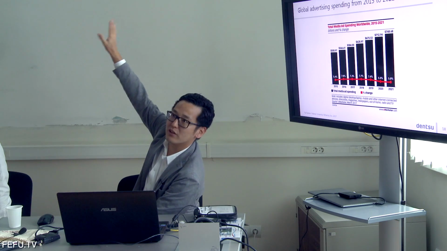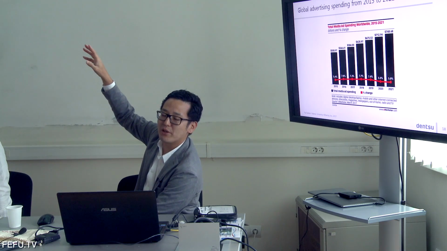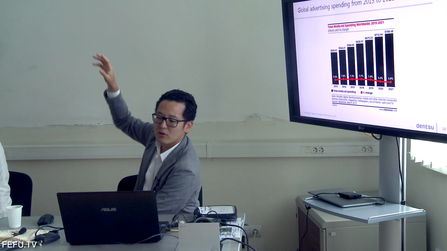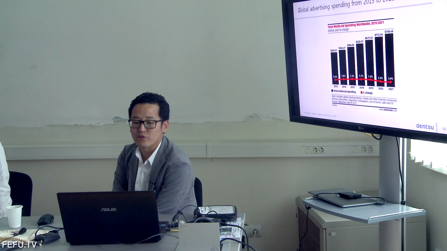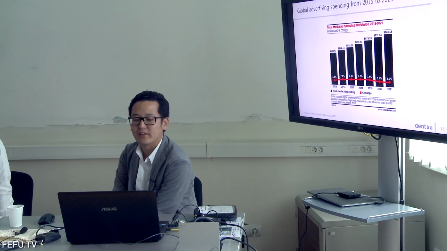This is only media spending that we have here, but about 544 billion US dollars are spent on advertising, which is quite a lot of budget, and it keeps rising. It's going to reach 750 by 2021. So this is the global trend. It's still a growing market.